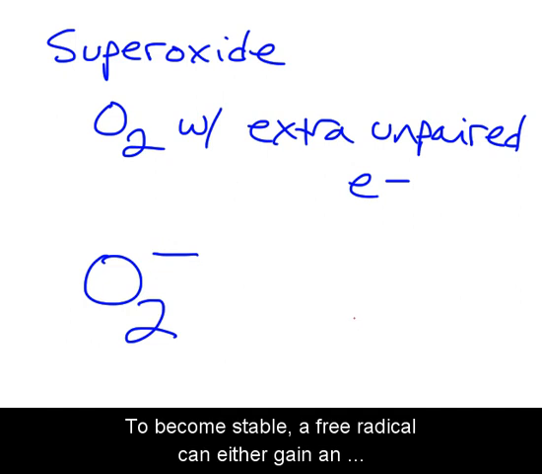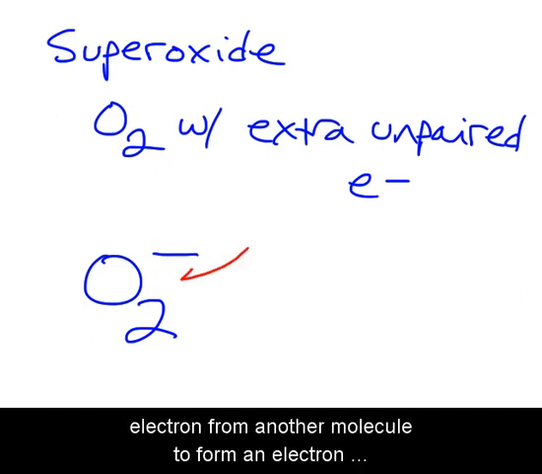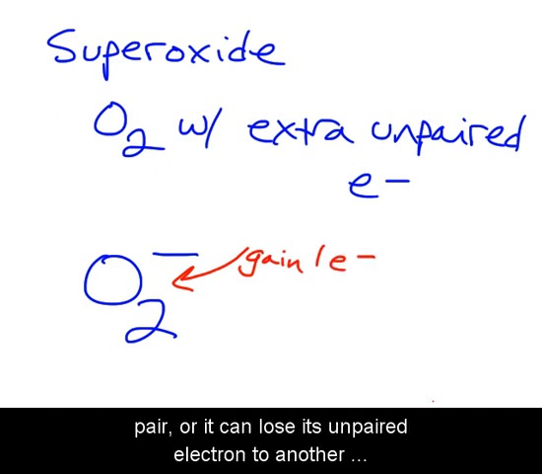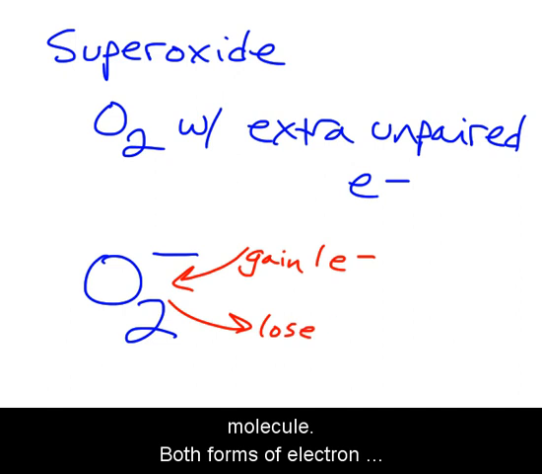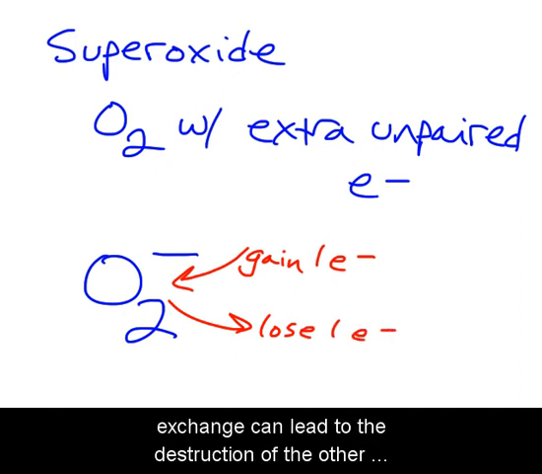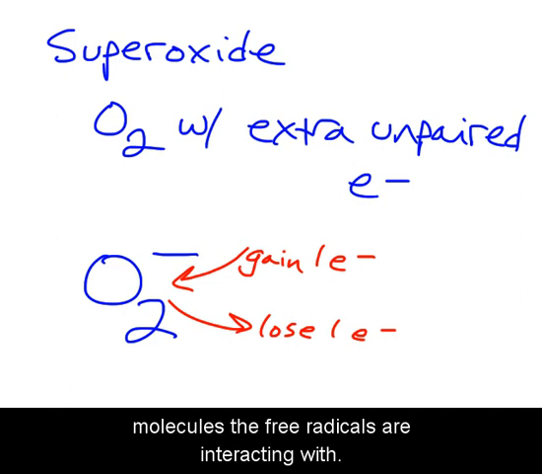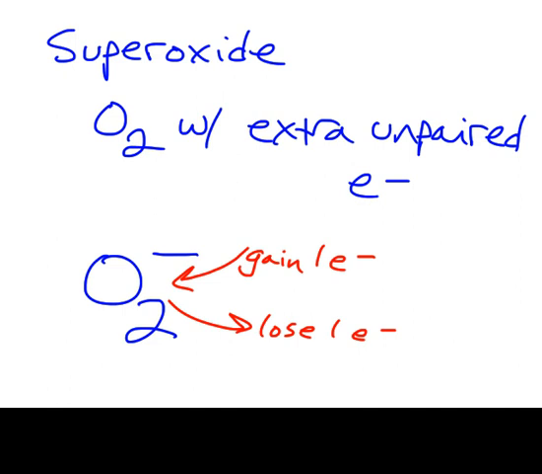To become stable, a free radical can either gain an electron from another molecule to form an electron pair, or it can lose its unpaired electron to another molecule. Both forms of electron exchange can lead to the destruction of the other molecules the free radicals are interacting with.